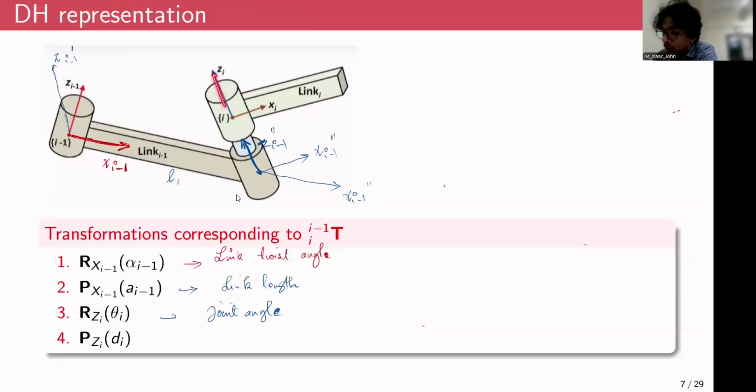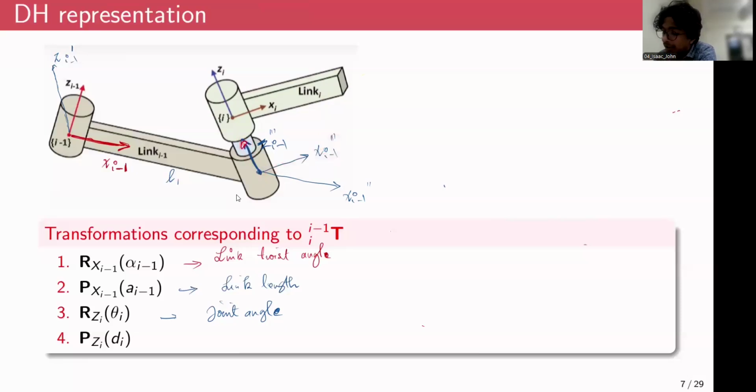Because if you are rotating about the zi axis, the orientation of zi is still going to be the same because they are lying on the same line, right? So zi double dash and zi triple dash are still going to be the same. Now after the third transformation, this is zi minus 1 triple dash and xi minus 1 triple dash.